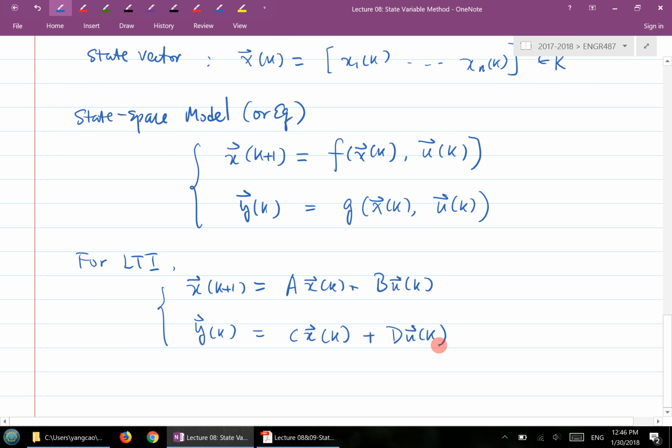So this is the linear time invariant system model for state space representation.